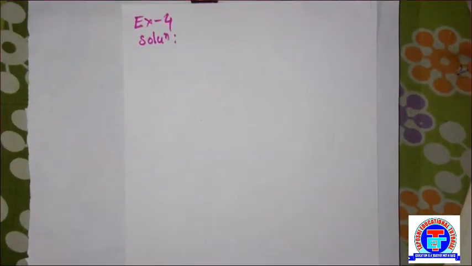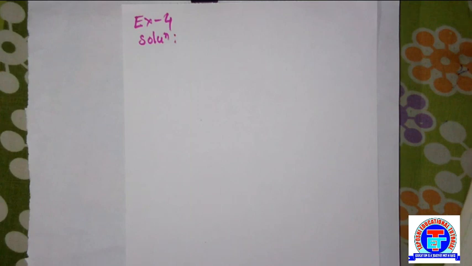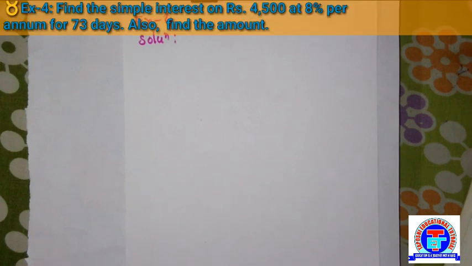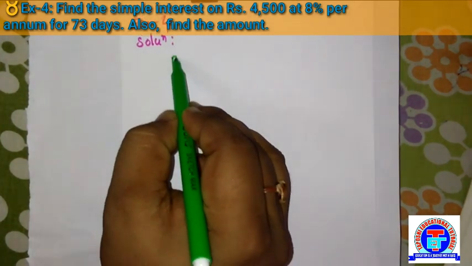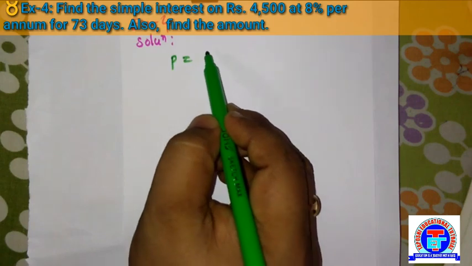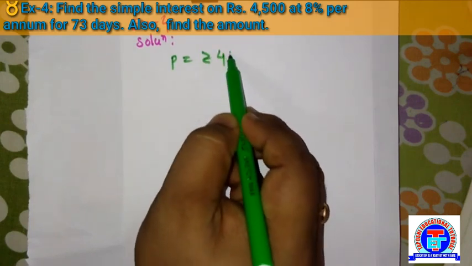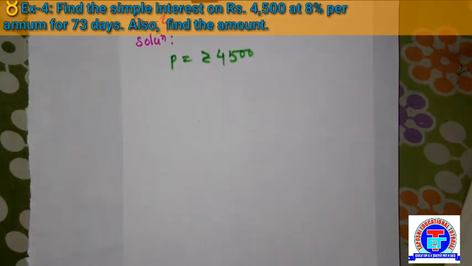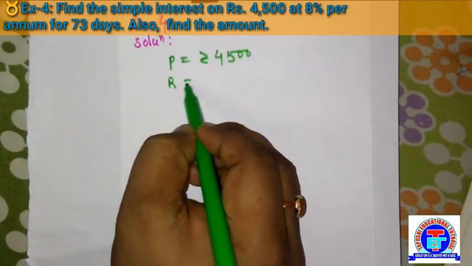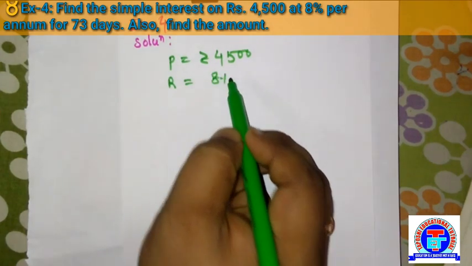Now my dear student, here I will discuss the other example number 4. Find the simple interest on rupees 4,500 at 8% per annum for 73 days. Also find the amount. So solution: principal P is equal to rupees 4,500, and rate of interest R is equal to 8%.